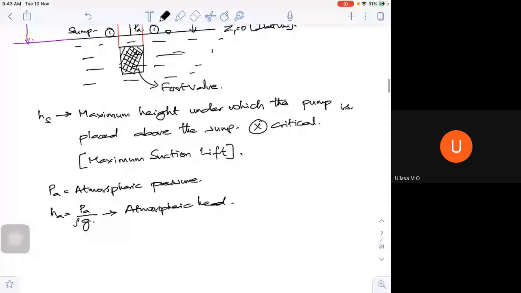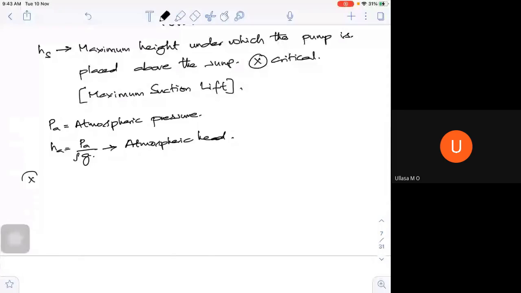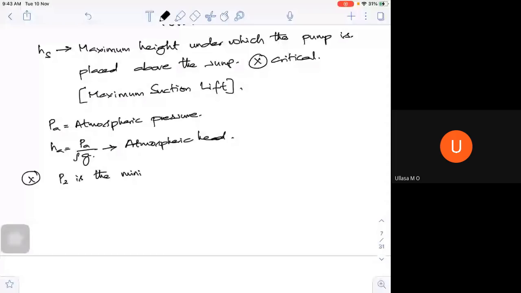The most critical point here, while defining the maximum suction lift, is that P2 is the minimum pressure. I have to ensure that P2 is greater than the vapor pressure of that particular fluid. What is vapor pressure?